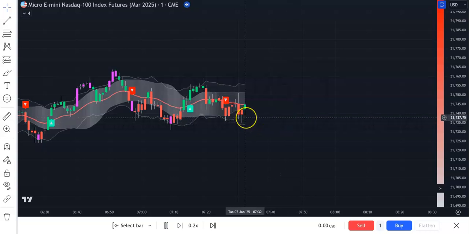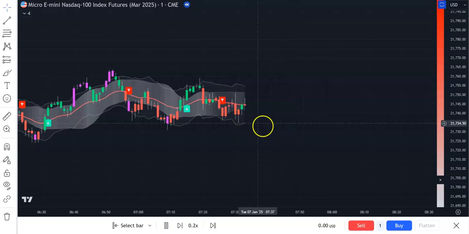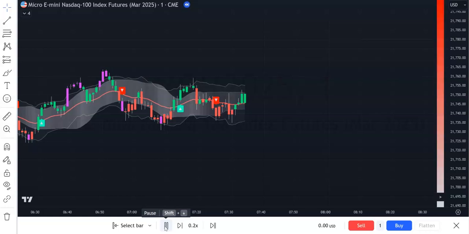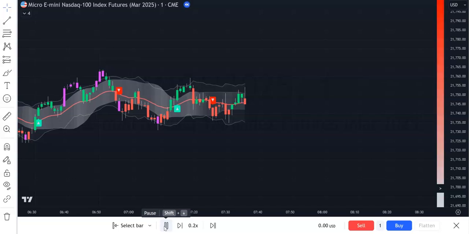Okay. Green candle. No signal yet, either way. Another bigger green candle. No signal yet. Still waiting. Okay. So there's the signal.